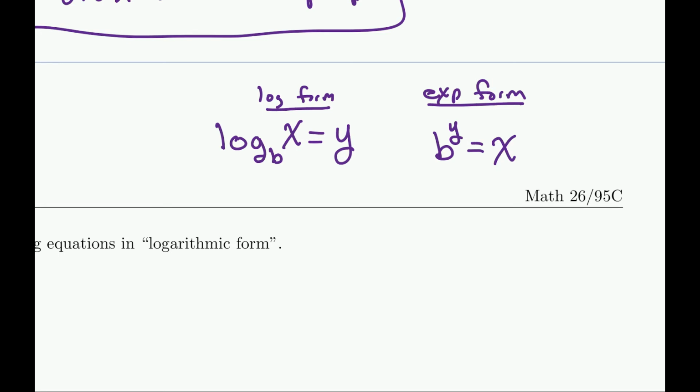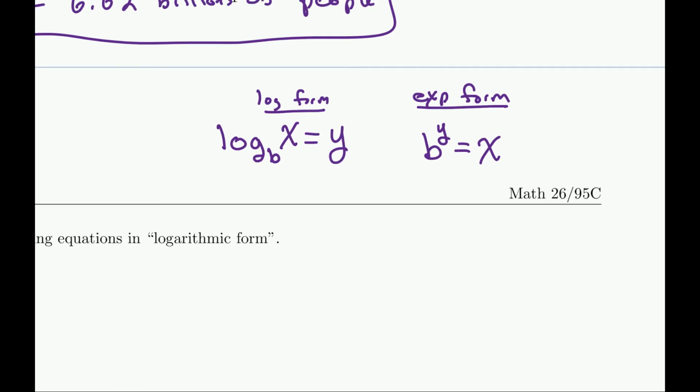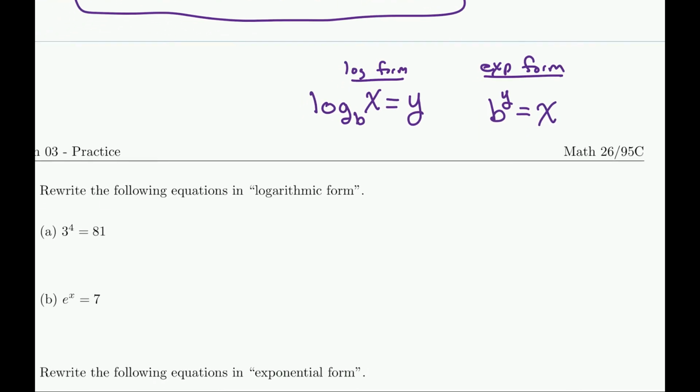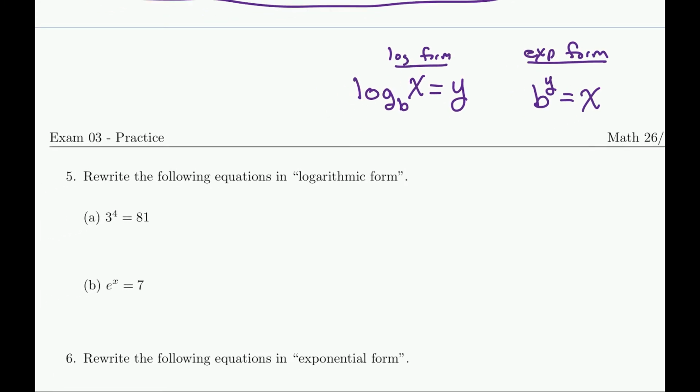So it's just asking you to rewrite log form to exponential form or exponential form to log form. So in this case, for example, where we've got 3 to the 4 equals 81, that would be log base 3, right? Base 3, because the 3 is where the b is.